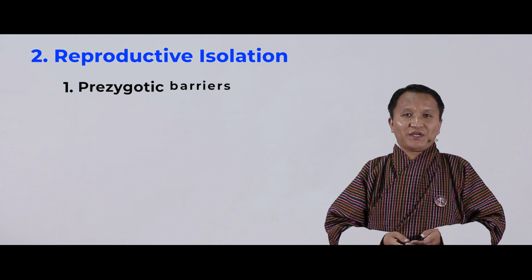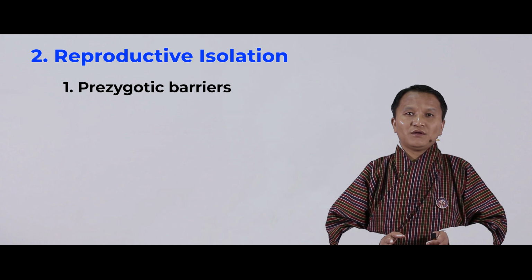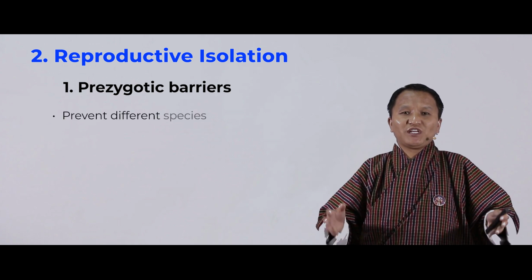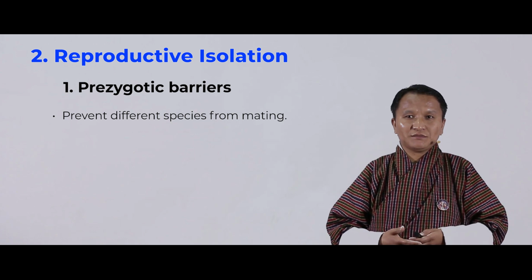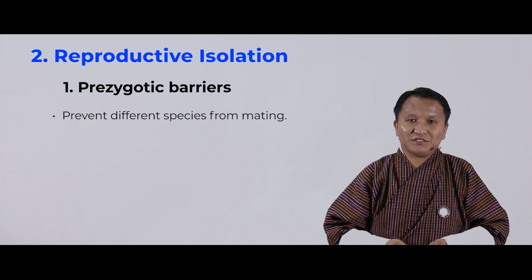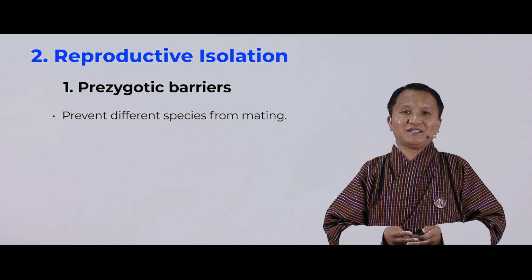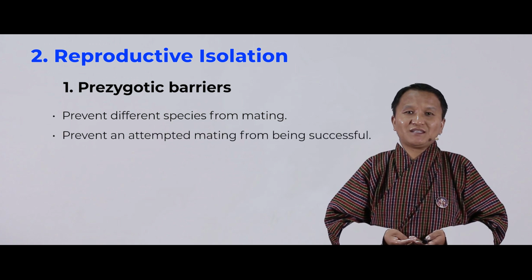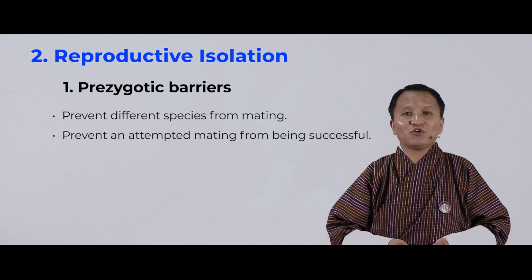Pre-zygotic barriers are mechanisms which prevent different species from mating. That's one. And then even if the mating has happened, you will find that the mating is not successful, meaning that after mating, the offspring cannot be produced.